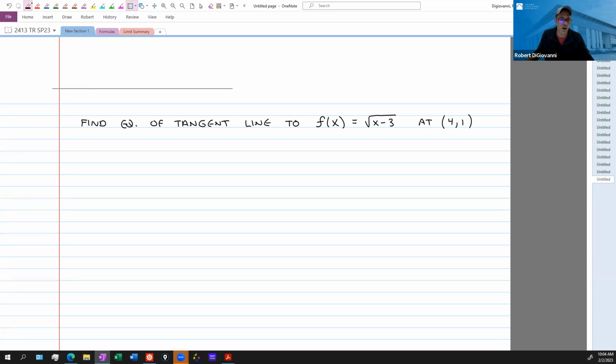The wording of this problem is slightly different than the wording of the previous problems. Let me give you a moment to jot that down.